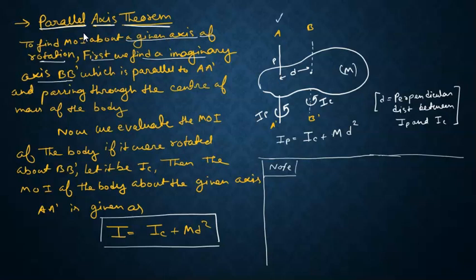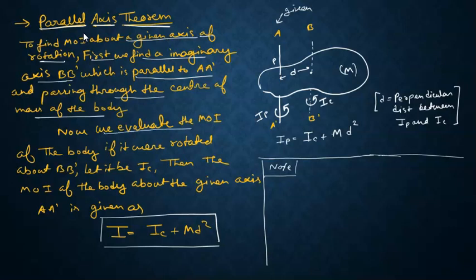This axis is actually given to us, and we have to find the imaginary axis BB dash, which is parallel to AA dash and passing through the center of mass of the body. So we have to find an axis which is parallel to the given axis, and that axis is passing through the center of mass of the body.